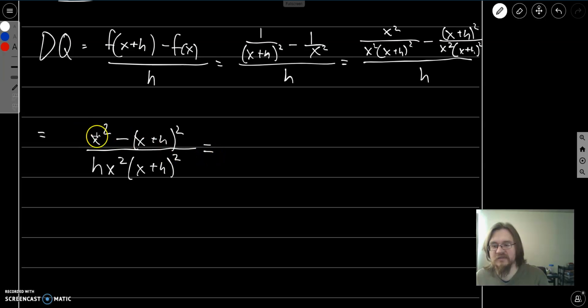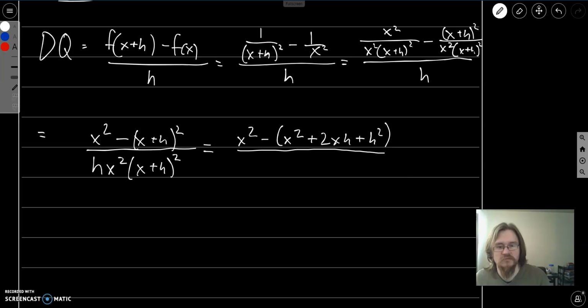So let's simplify this some more. So now I'm just going to focus on the top. So I've got x squared minus, and I'm going to be subtracting x squared plus 2xh plus h squared, all over h x squared times x plus h squared.